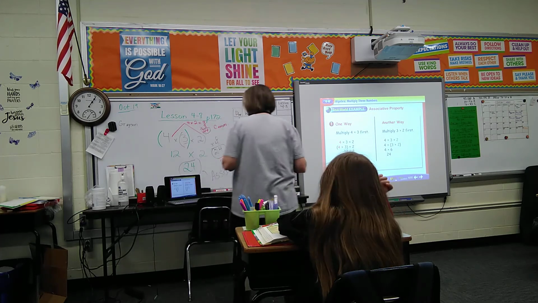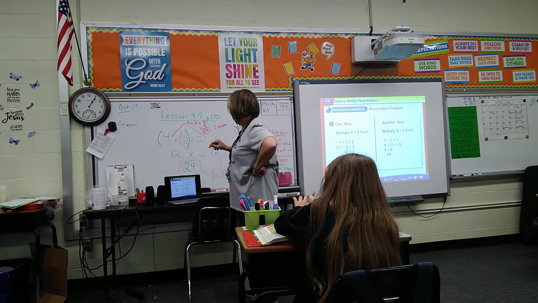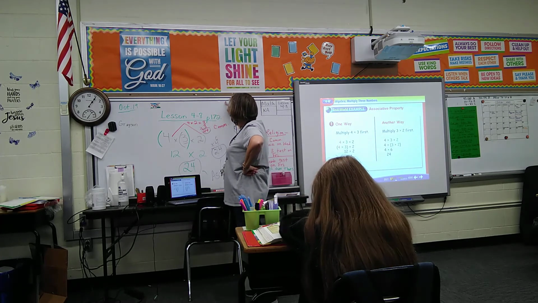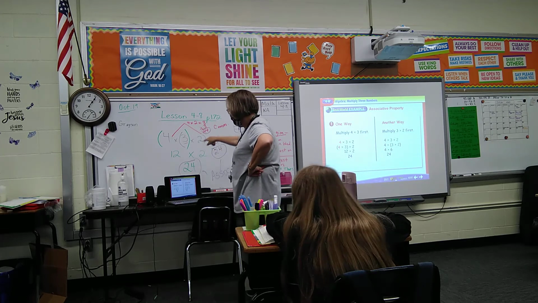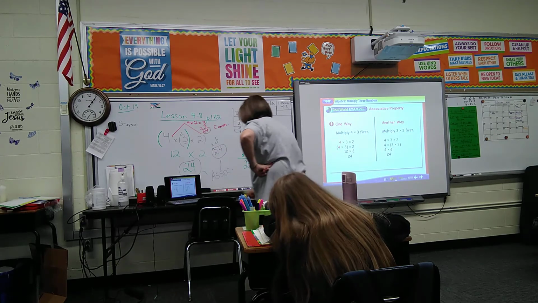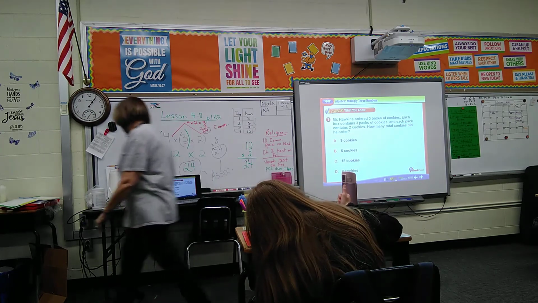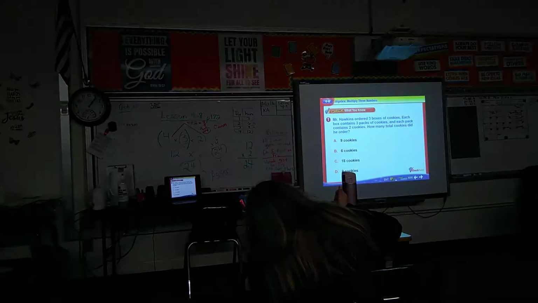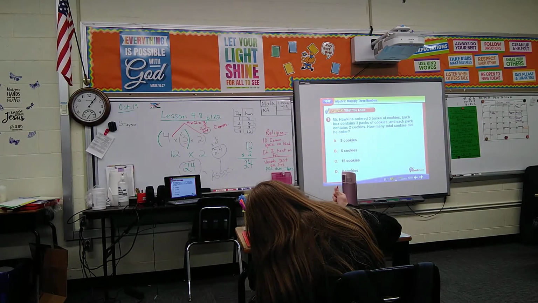On 172, the main idea is I will multiply 3 factors, and then I put little lines and put commutative and associative and abbreviations. And then this is the one that we did next. Dawson, I'm going to leave that on so you can catch up.